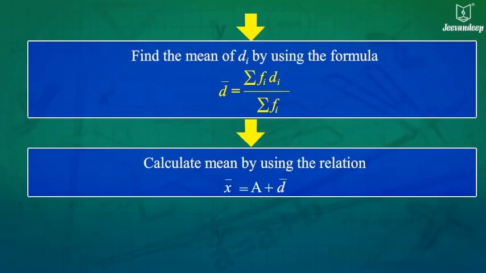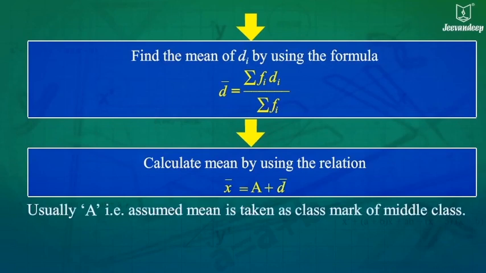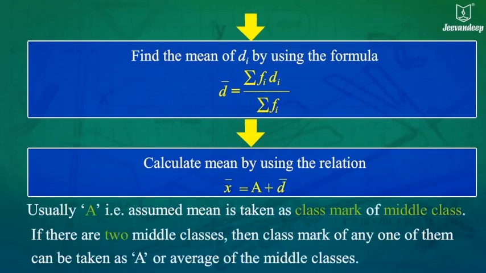Calculate mean by using the relation x bar equals a plus d bar. Usually, a is taken as class mark of middle class. If there are 2 middle classes, then class mark of any one of them can be taken as a or average of the middle classes.